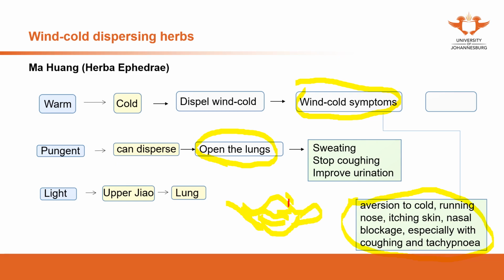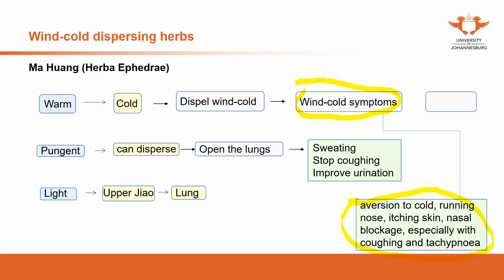If you close this hole, you will create a negative pressure in the pot, so the water won't come out that easily. This is very similar. The lung sits on top of the human body. If the lung is closed, it will cause difficult urination. In this situation, we will open the lungs to improve the urination.